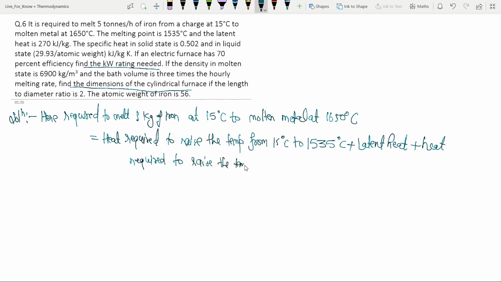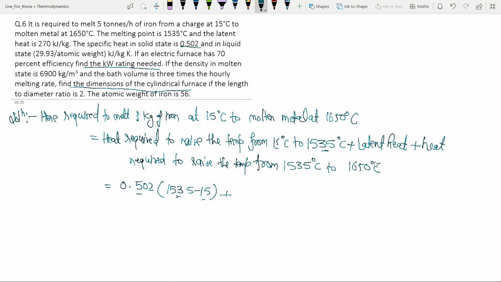Raising the temperature from 1535 degrees Celsius to 1650 degrees Celsius. So now we put in the values. It is 0.5602 into 1535 minus 15, since the temperature rises from 15 degrees Celsius to 1535 degrees Celsius; we take the specific heat from here.